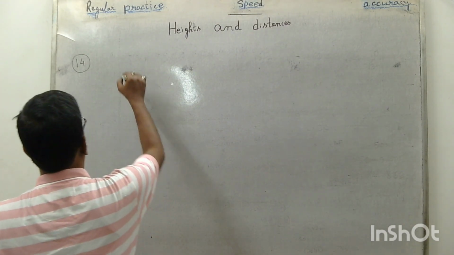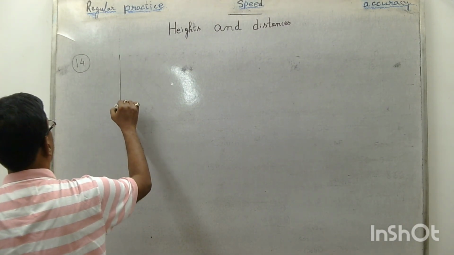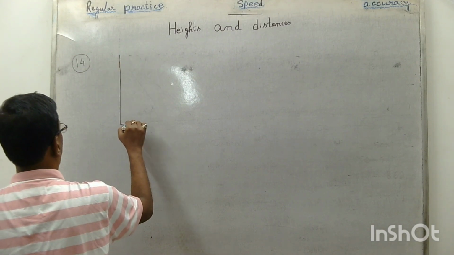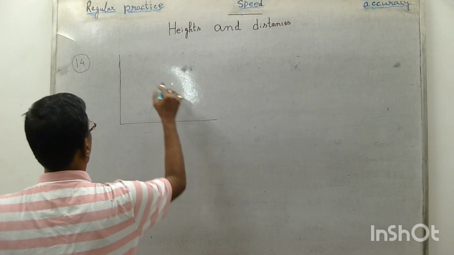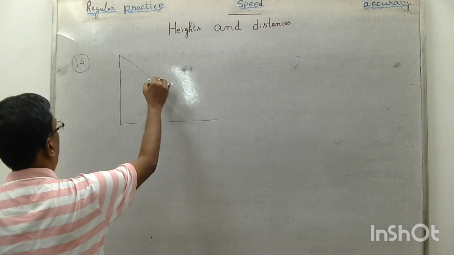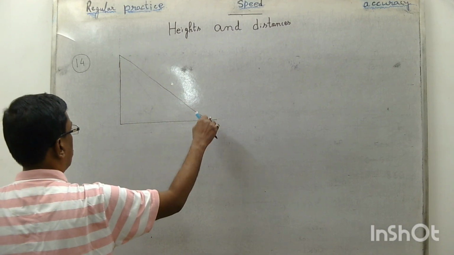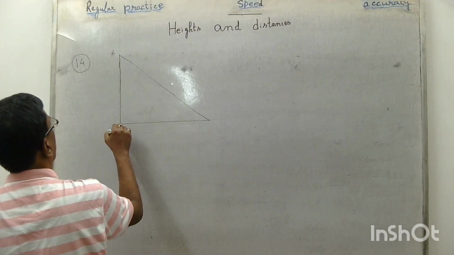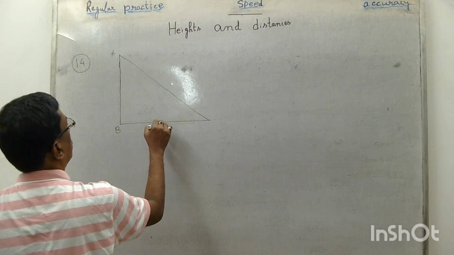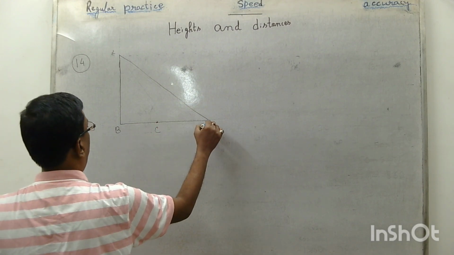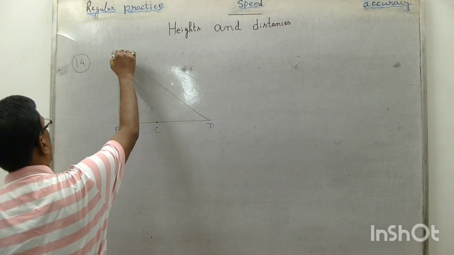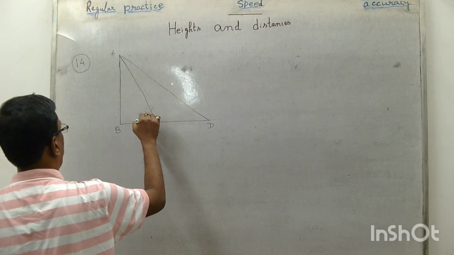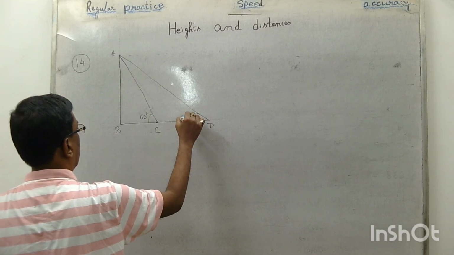तो बेसिकली क्या है, एक टावर है, दो ऑब्जर्विंग पॉइंट्स हैं. Let it be A, B, this is C and this is D. This is 60 degree and this is 30 degree.